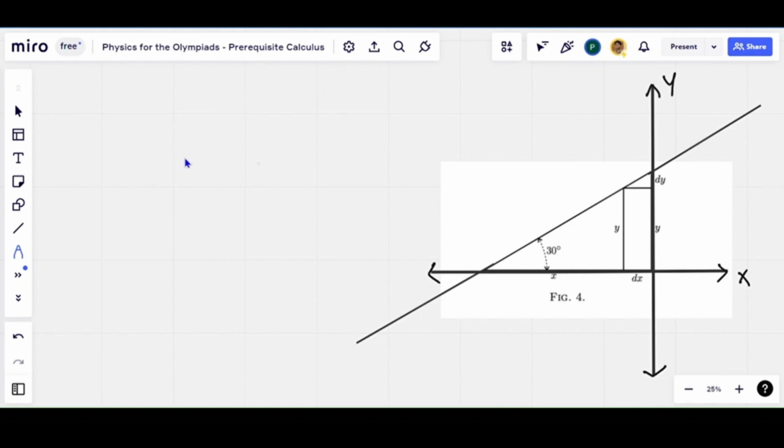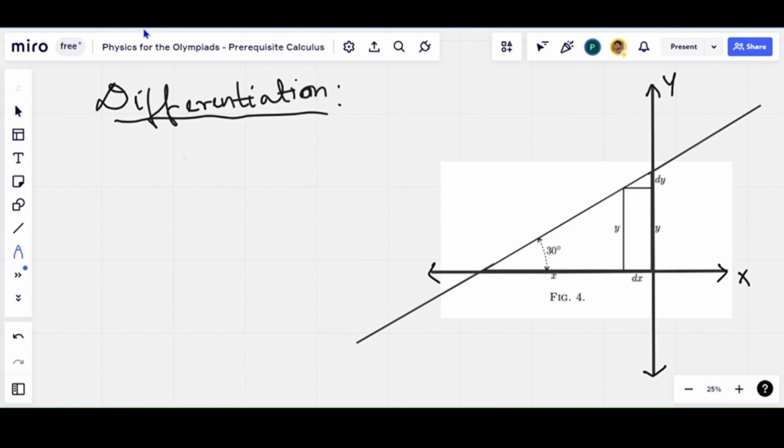So in this figure, as you can see, the x and y axes are drawn, and a line is shown passing through both the axes. We will take this line to be a function of x, f of x, as we call it in mathematics.